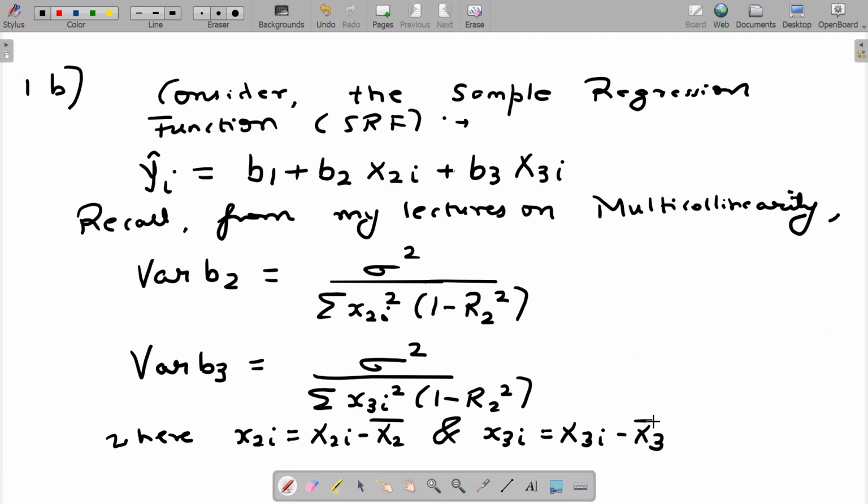So small x2i represents the deviation of capital X2i from its mean. Small x3i represents the deviation of capital X3i from its mean.